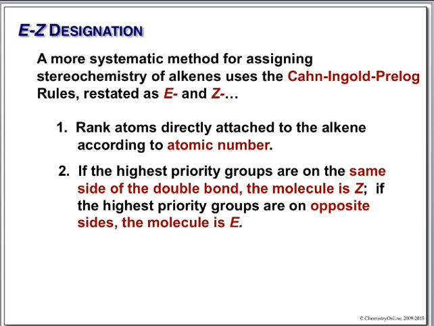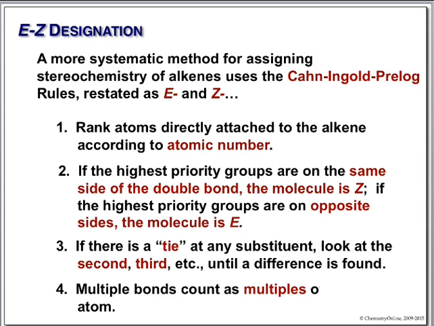Just like before, we're going to rank by atomic number. The rule is if the highest priority groups are on the same side, we're going to call it Z. If the highest priority groups are on opposite sides, it's an E. Just like before, if there's a tie, we're going to keep going till we find a difference.